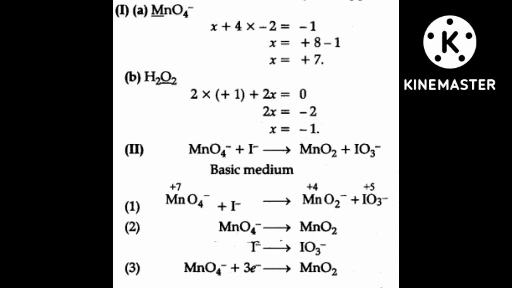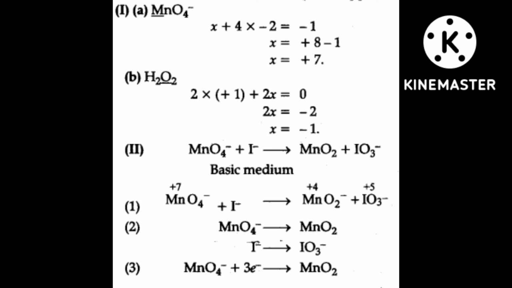This sort of similarity is commonly known as diagonal relationship, and this question is asked. This similarity with the second element of the group, magnesium and aluminum, is called diagonal relationship in periodic properties.